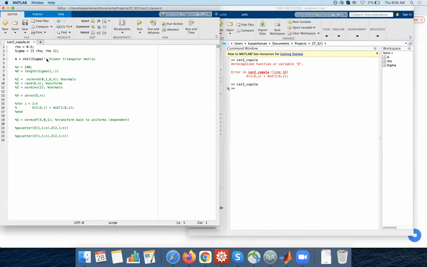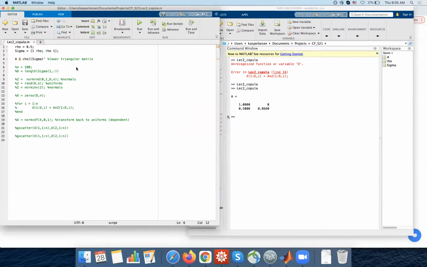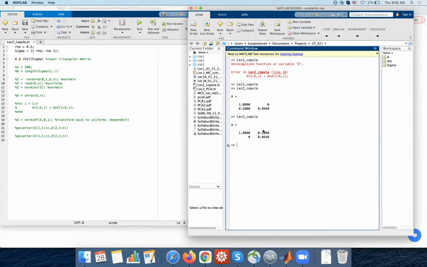I want to see the matrix. So that's the matrix. Just one thing to note here: when I call the Cholesky factorization in MATLAB, it gives me an upper triangular matrix. If I don't put the transpose there, you'll see that it switches the half from being down in the lower left corner to being up in the upper right corner.